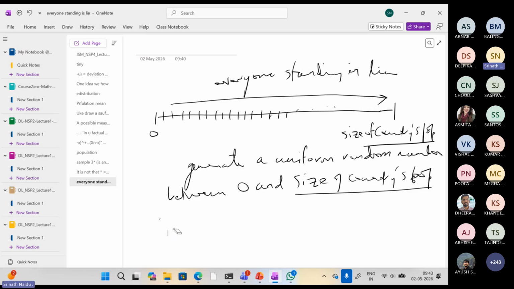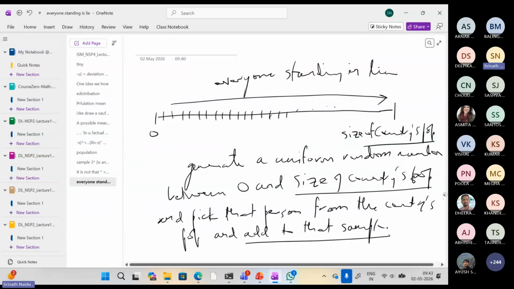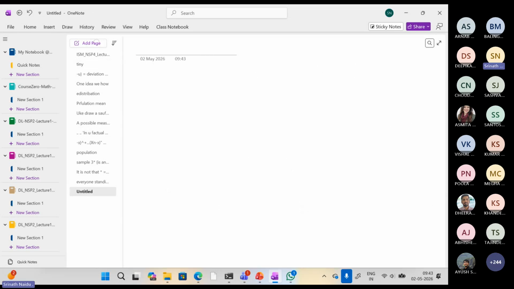So first, pick a random number between 0 and the country's population, and pick that person from the country's population and add to the sample. So create a sample of n people.